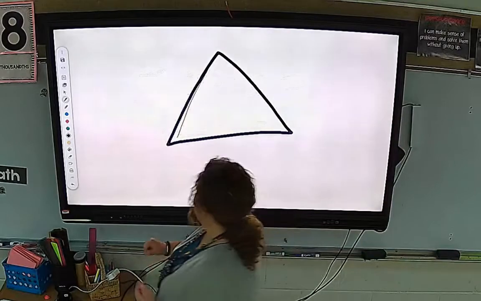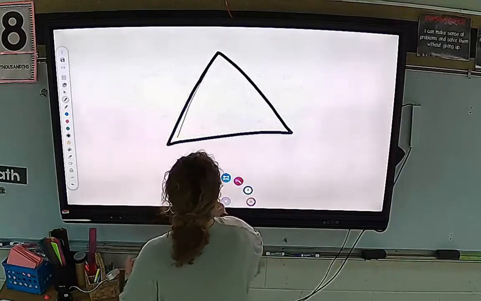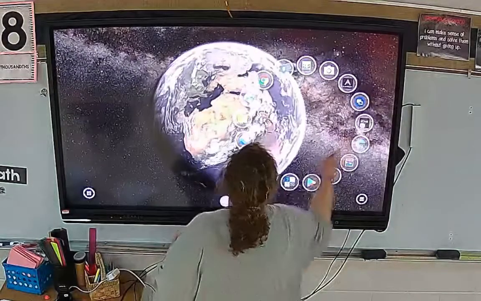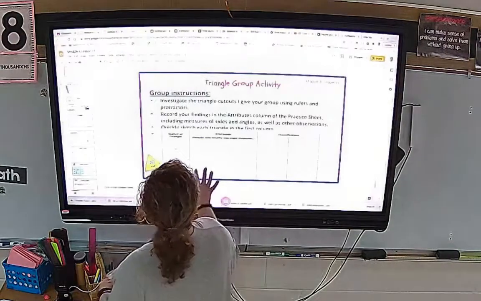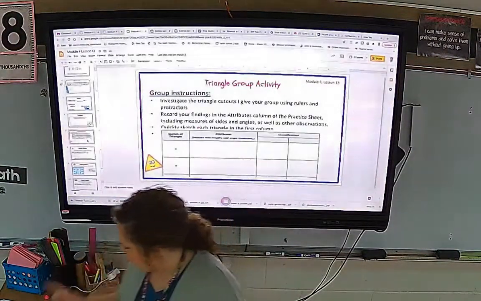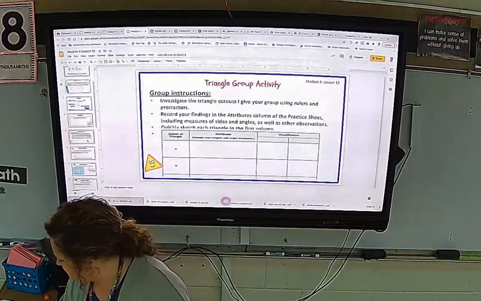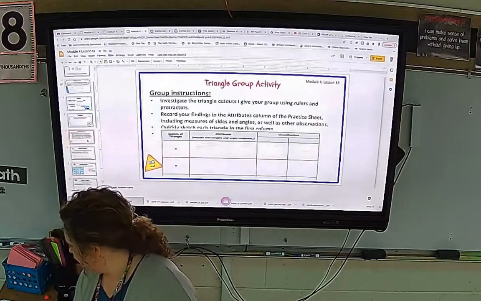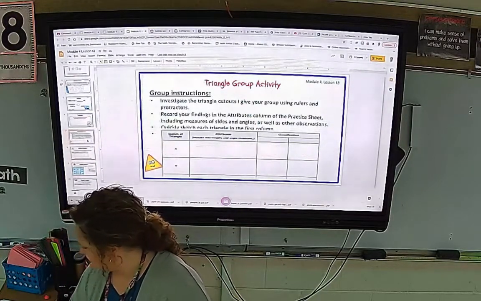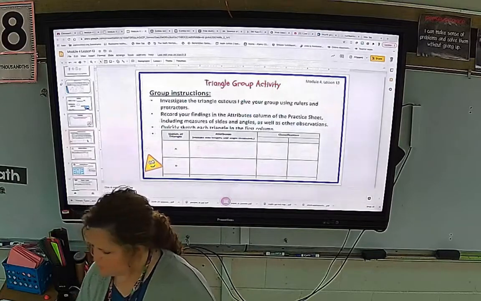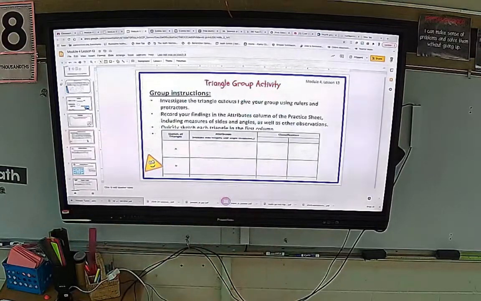Okay. Making sure that their directions are similar to mine. So this is on page 67. Turn to page 67 in your workbook. I just told you to put it away, didn't I?